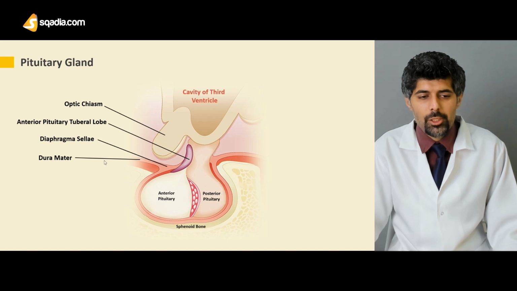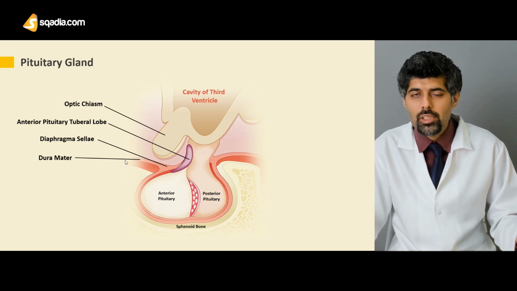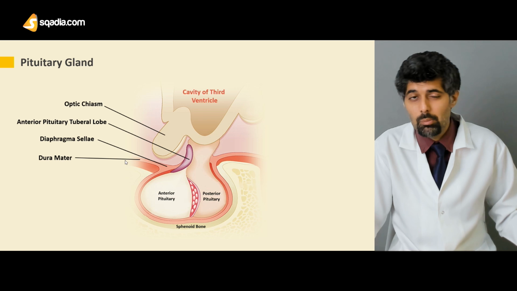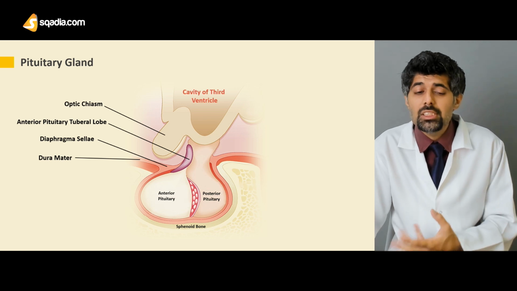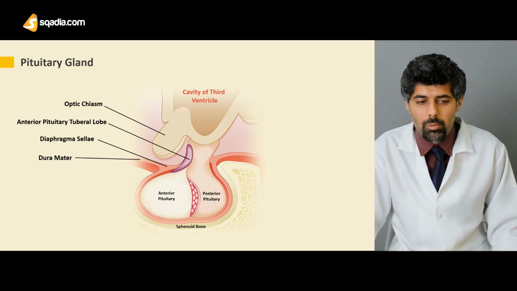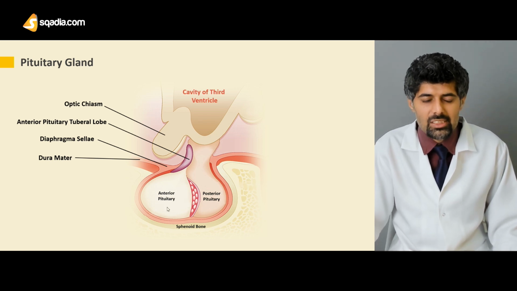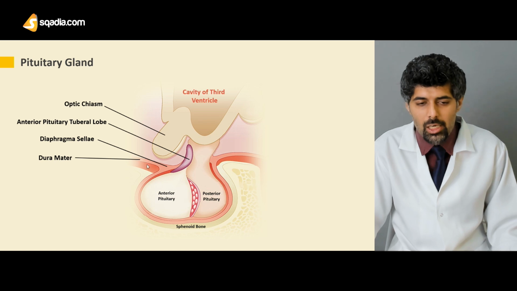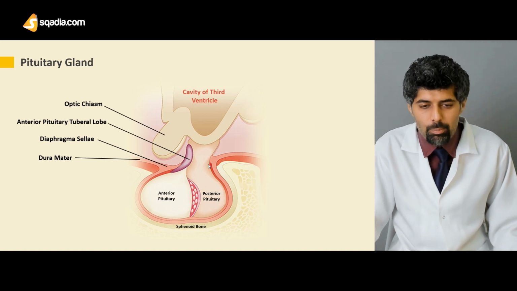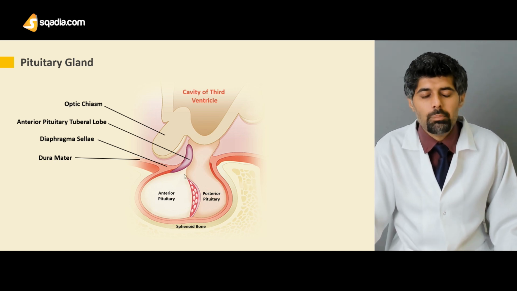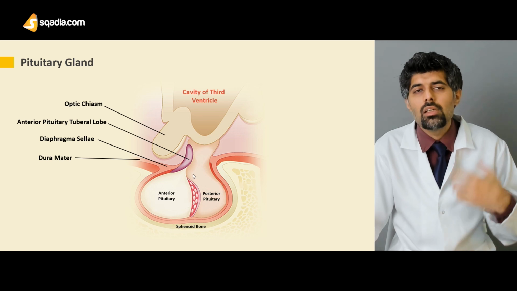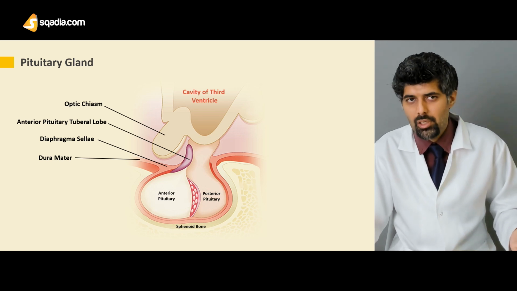So this is the dura mater, one of the toughest members of the meninges, and when this dura mater comes in contact with this depression inside the sphenoid bone, it forms a kind of pouch, and inside the pouch resides the pituitary gland.